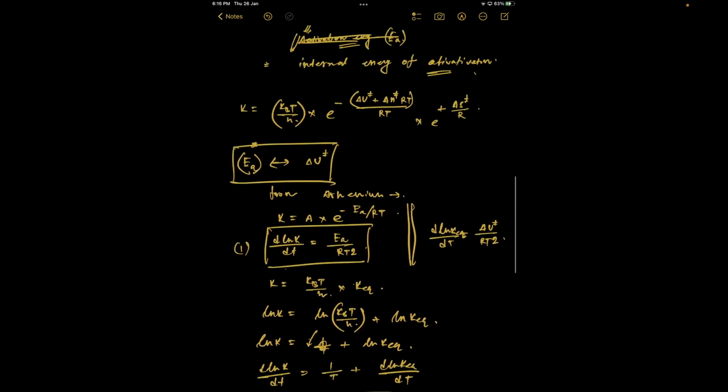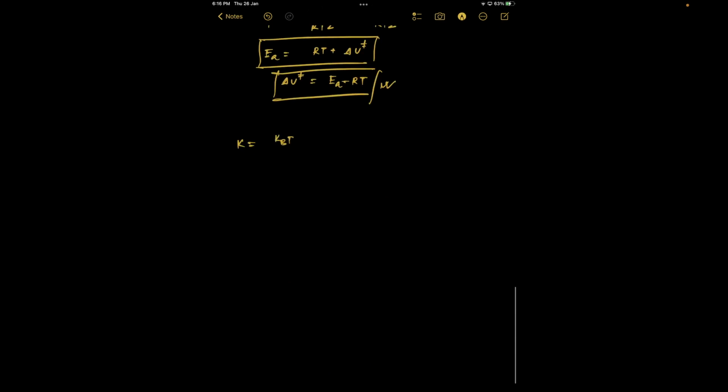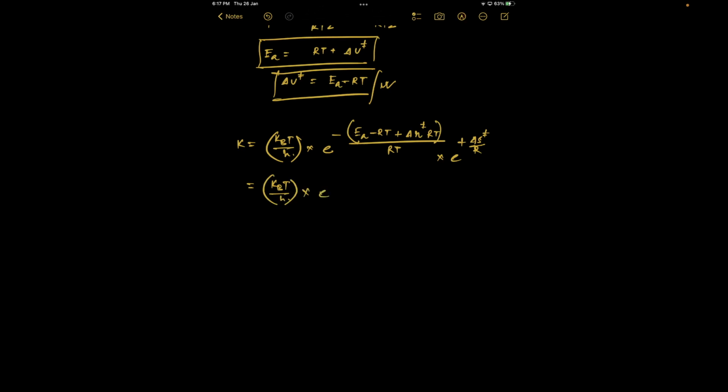So now just put the value of delta U double dagger here. The rate constant k equals kBT divided by h times exponential minus delta U double dagger, which is EA minus RT, plus delta n double dagger RT, divided by RT, times exponential plus delta S double dagger by R, which equals kBT divided by h times exponential plus RT minus delta n double dagger RT divided by RT, times exponential delta S double dagger by R times exponential minus EA by RT.